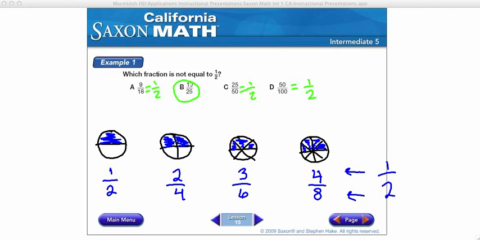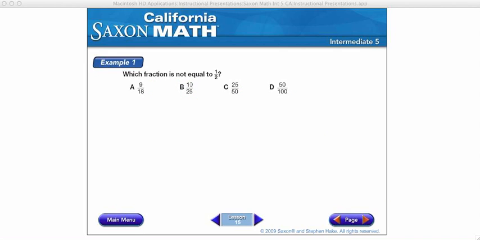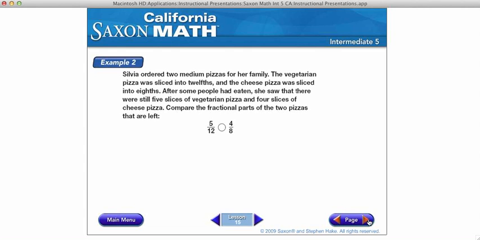All right, let's look at example 2. Sylvia ordered 2 medium pizzas for her family. The vegetarian pizza was sliced into 12ths, and the cheese pizza was sliced into 8ths. So here we have our vegetarian and our cheese pizza.